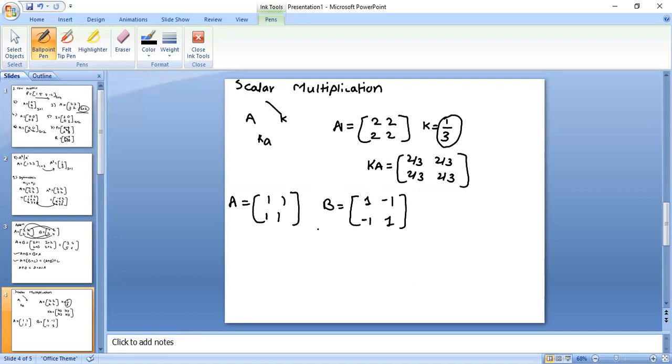So we will check whether the columns of A are equal to the number of rows of the second matrix. Okay, so we will check whether it is the same, then the multiplication can be performed. So here how will you multiply?